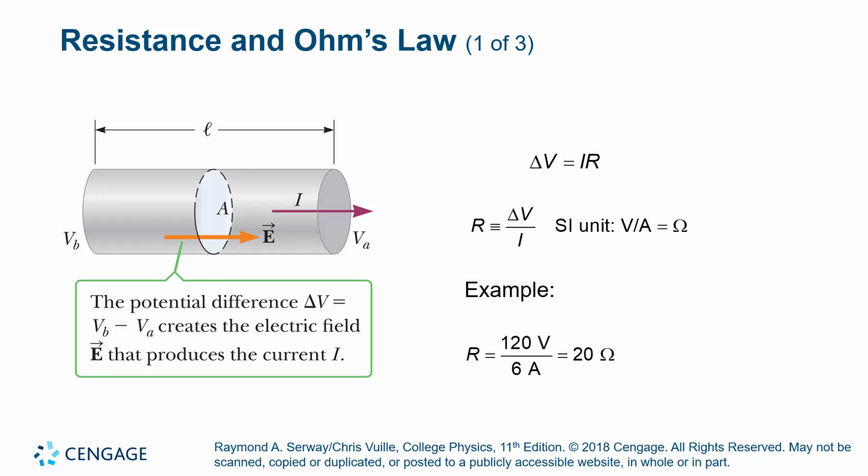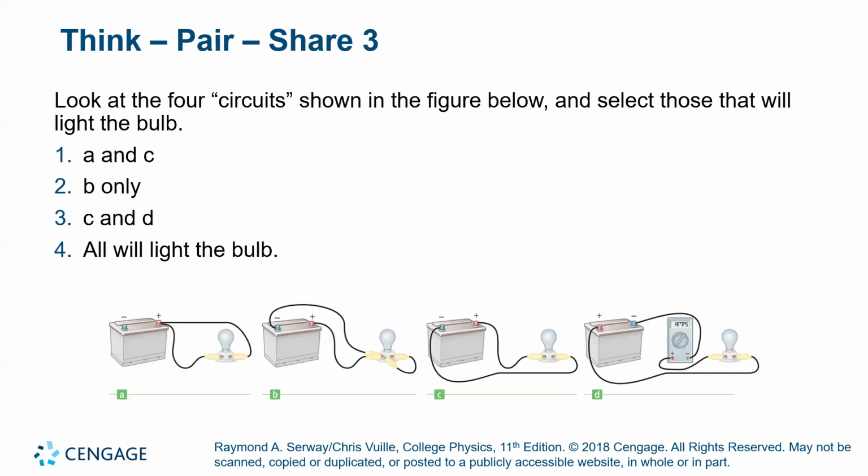So thinking about positive charges only, we're going to make this very important statement. Current of the positive charges flows from the higher potential to the lower potential. Always. The higher potential in the previous example was the positive node of the battery.